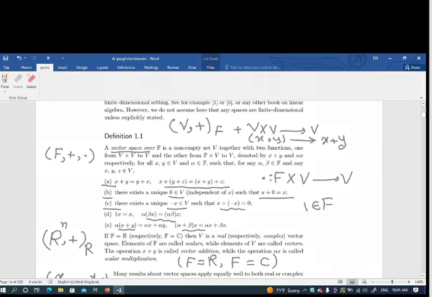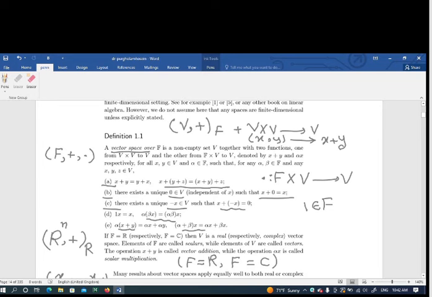For the addition operation, it must be abelian or commutative and associative like this, and there must be a unique zero in vector space V such that x plus 0 equals x for all x.